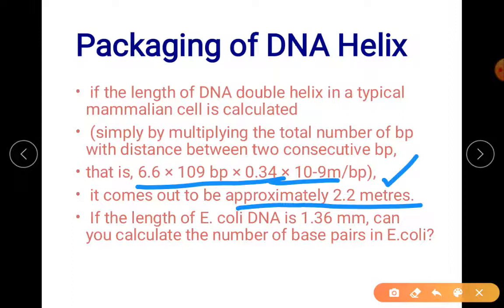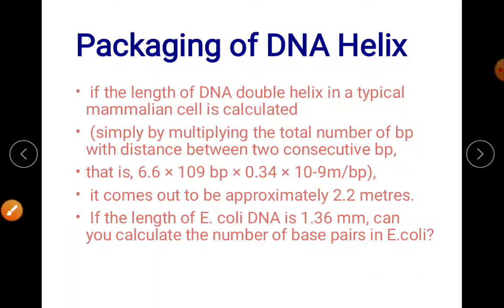So overall, if you see in each cell, if you have to collect, so this is one cell I'm saying. Again, if you collect one by one the cell of your body, it can go around the whole world 2 times. You can measure like that. Now we are taking only one cell and keeping all the 23 pairs in one, and you get 2.2 meters.